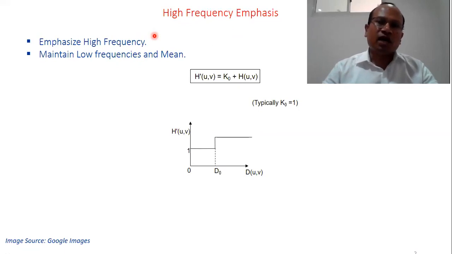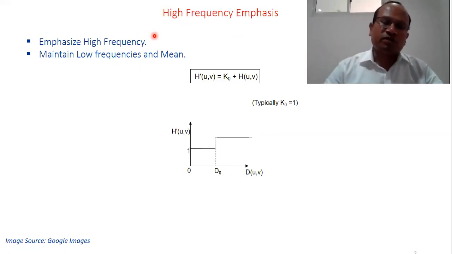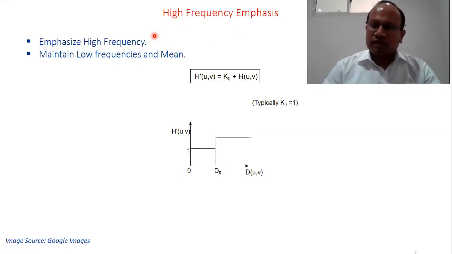It means, in a high pass filter what happens? High frequency contents are allowed, passed, and low frequency signals are attenuated. If the filter is ideal, low frequency signal gets rejected. Otherwise, in a practical filter, the low frequency signals are attenuated.